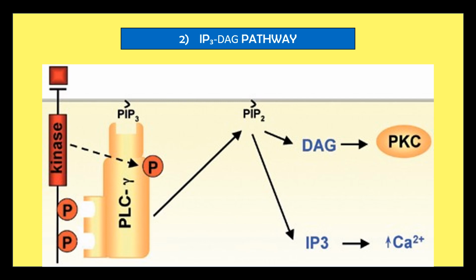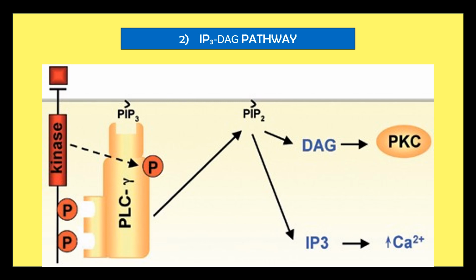The SH2 domains of phospholipase C gamma bind to specific phosphotyrosines of the activated receptors, thus positioning the enzyme close to the membrane-bound substrate PIP2. Membrane-bound phospholipase C gamma, after activation, cleaves PIP2 to generate two secondary messengers, DAG and IP3.